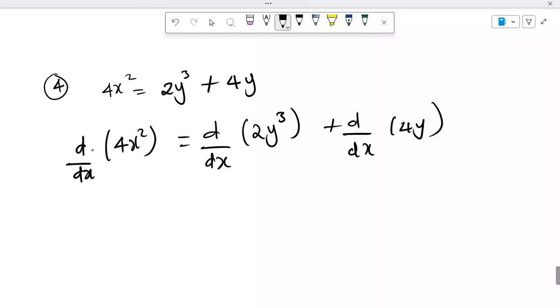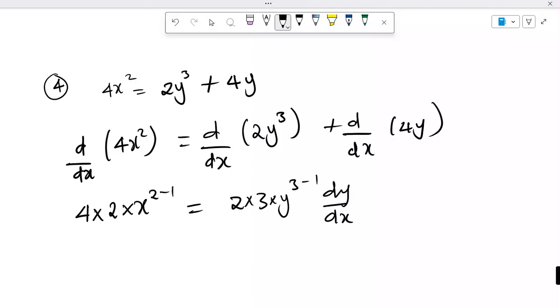If we differentiate this side, we have 4, bringing down the power 2, times x to the power 2 minus 1, equal to, same applies here, 2 multiplied by the power 3, times y to the power 3 minus 1, dy/dx, plus 4 times y to the power 1 minus 1, so this is dy/dx.